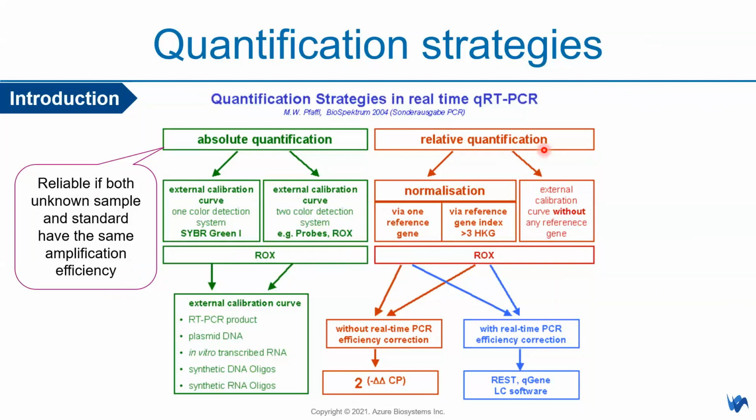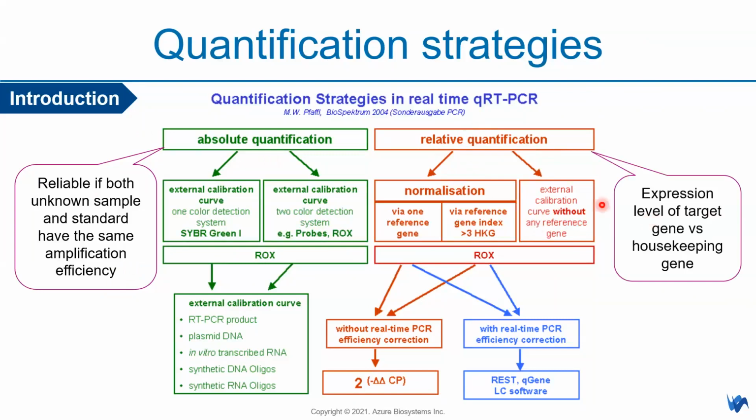On the other hand, relative quantification is much easier to perform than absolute quantification, because you don't really need a standard curve. It is based on the expression level of your target gene versus the housekeeping gene, hence the normalization. Then you compare between the untreated sample, control group, or maybe a blank, and so forth.